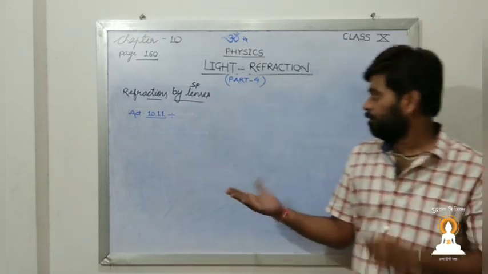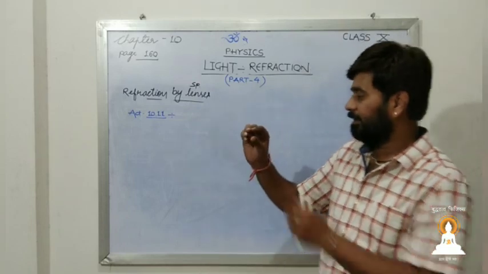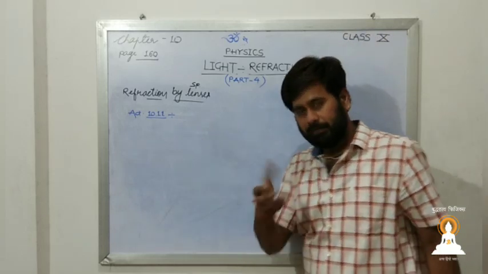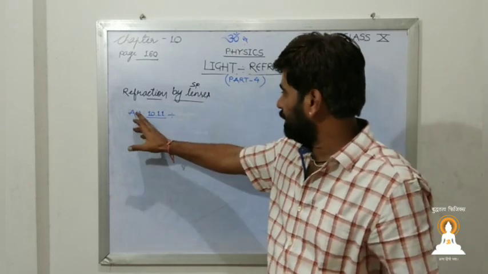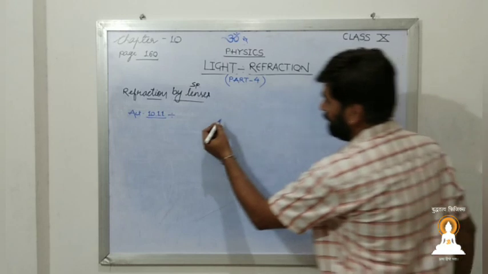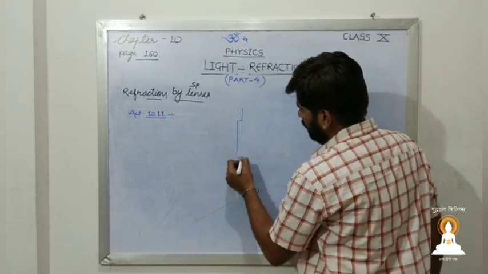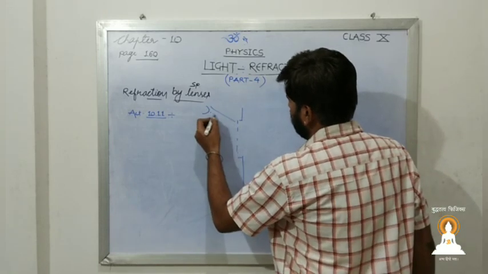That is thicker from the middle and thinner from the edges. So we have to take that. Say we have taken that, and the scenario will be like this. Suppose this is the window, and the sun is here and the sunlight is coming.